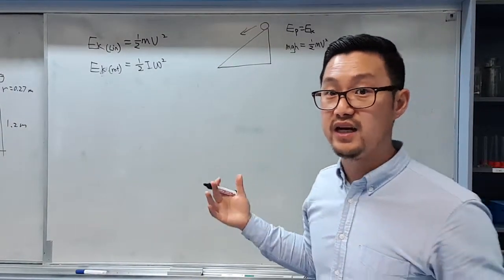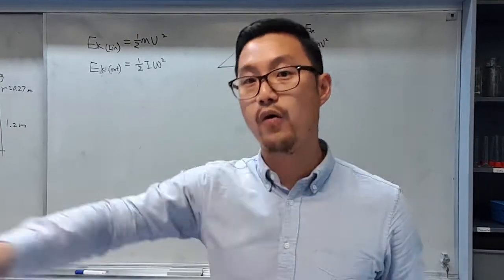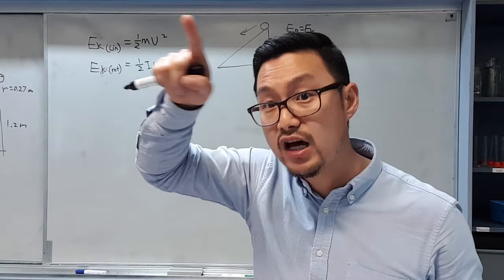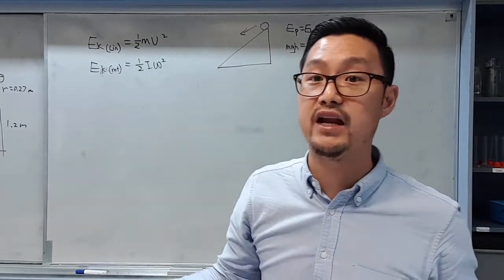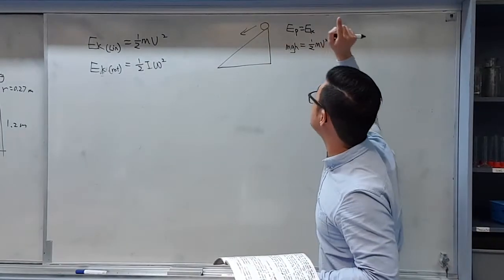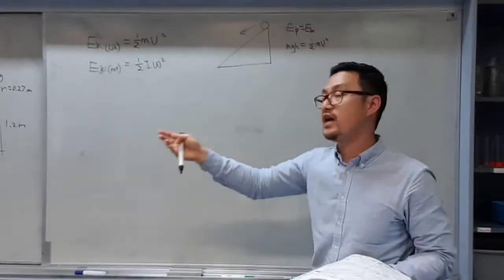But this year, not only does the object have half m v squared going forward, the object itself is also rotating. If something is rotating, you have rotational kinetic energy. So the potential energy doesn't only turn into linear kinetic energy, it also turns into rotational energy.